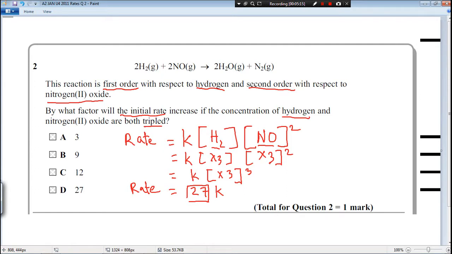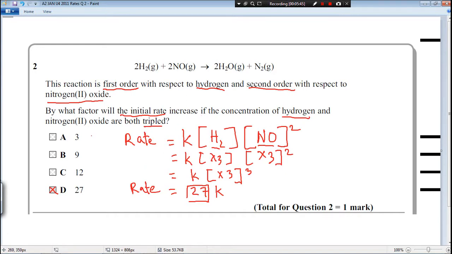We have just done some simple algebra, simple mathematics, and found 3 to the power 3, which is 27. So the answer should be D. I hope that you have understood the solution. So it was really simple.